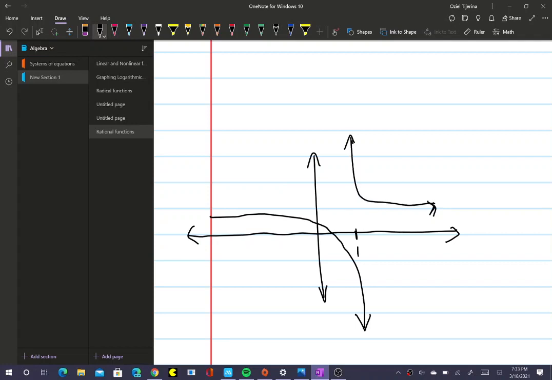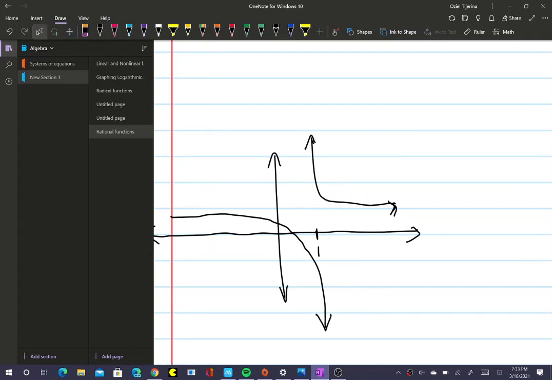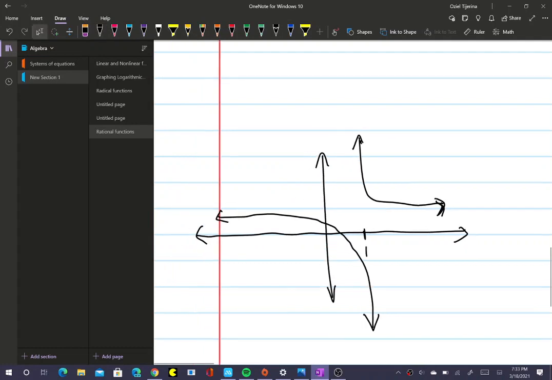Okay. And I want you guys to figure out what is the horizontal asymptote, what is the vertical asymptote. So, if you could pause the video. To do this, notice that if we look at this one in specific, the part on the right, okay?